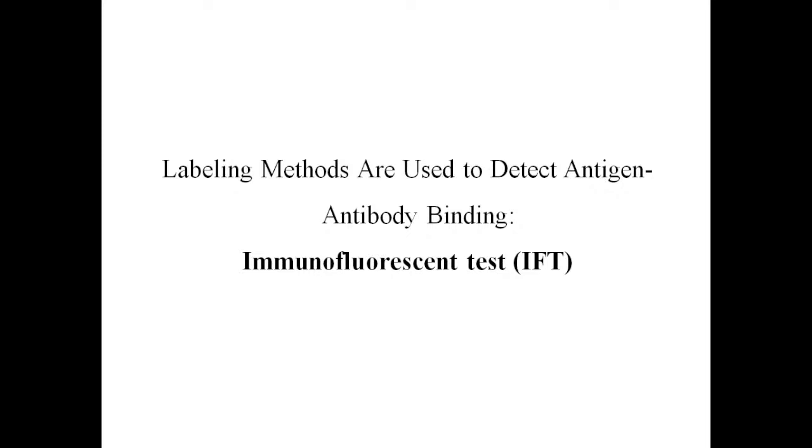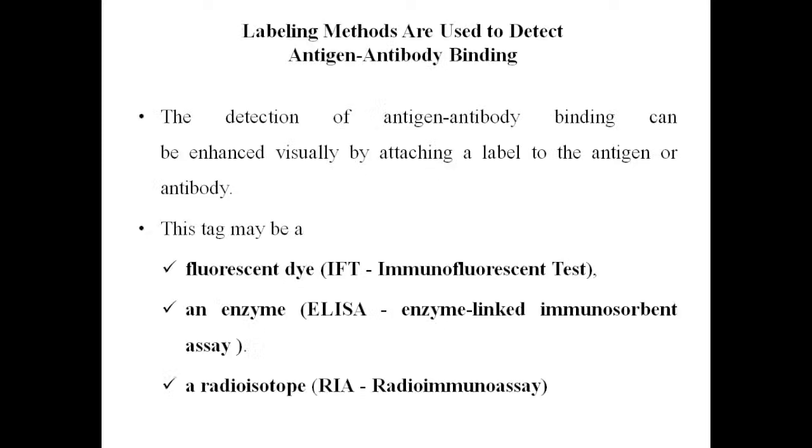Another one is another group of tests that use different labels of antibody binding. The first one, of the labeling methods, is the immunofluorescence test. Firstly, detection of antigen and antibody binding can be enhanced visually by attaching a label to the antigen or antibody.